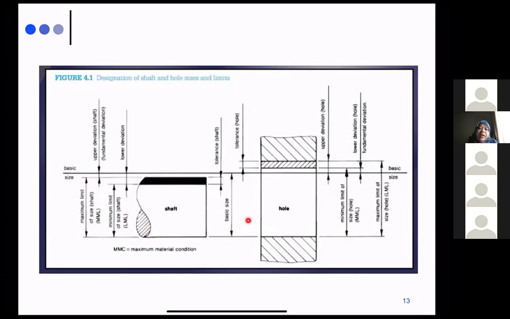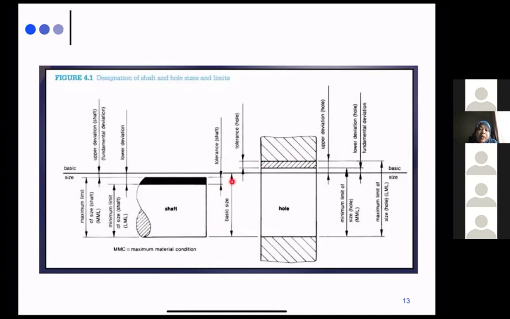So for example, if we make a hole at the maximum size of hole, and then we have the shaft only this one, of course it's going to be very loose. We have quite a lot of room over here.